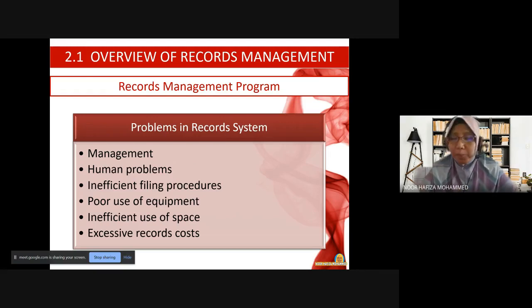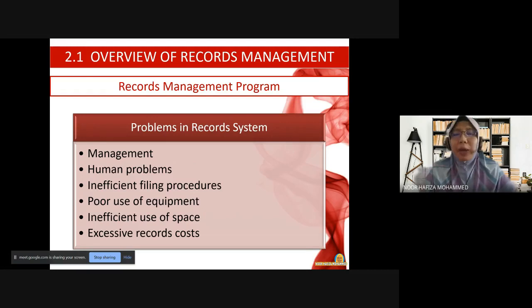In a record system, of course, you are going to face problems. There are 6 problems in a record system. The first one is management. Usually you will have record system problems, especially from your top management or your supervisor. Then the human problem comes from you yourself. Maybe you make a mistake, misplace or lose the records, or accidentally destroy the record. Next is inefficient filing procedure. Maybe you are not using an efficient filing procedure.